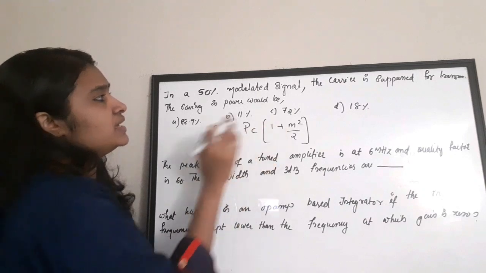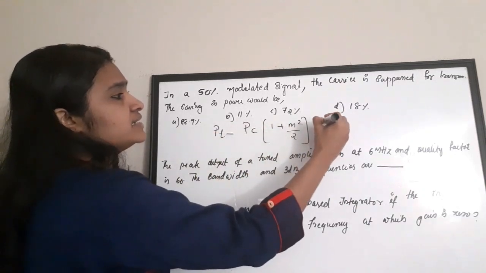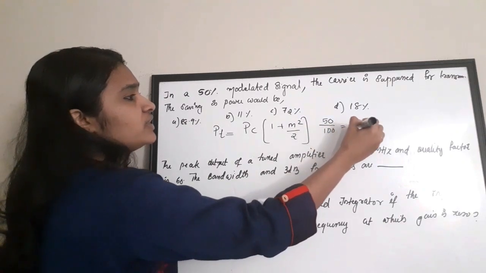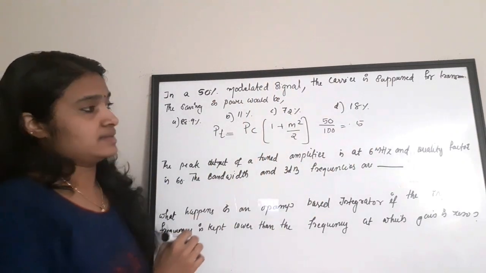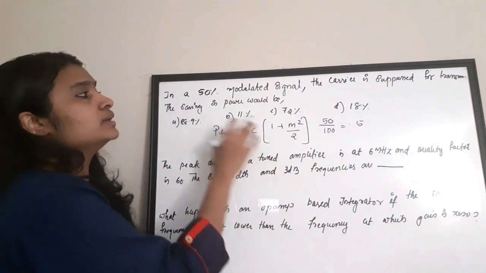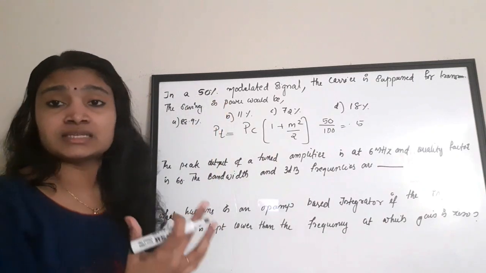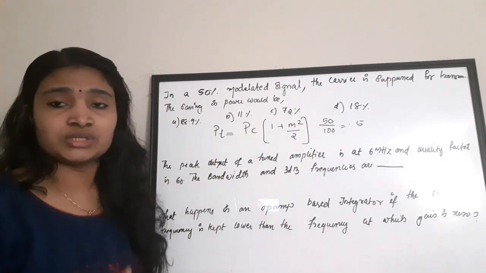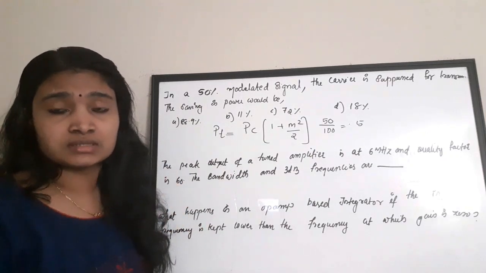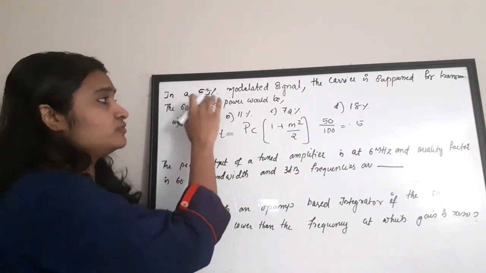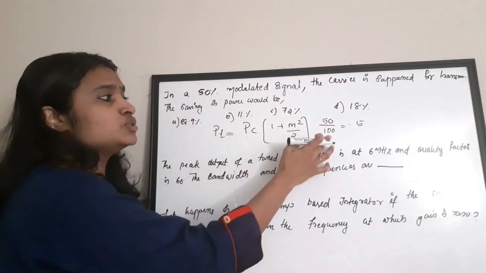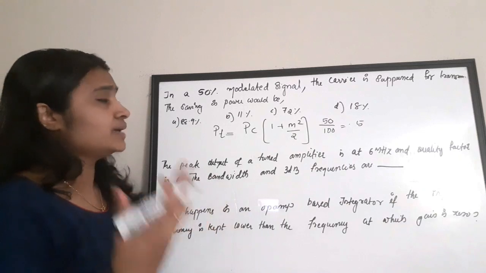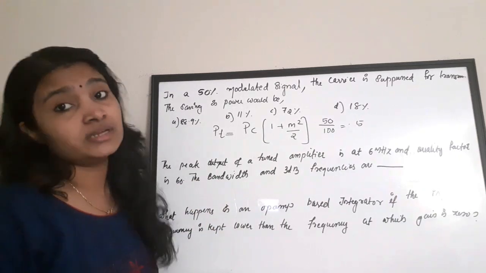So what is m here? It is given that the signal is 50% modulated, meaning 50 by 100, or 0.5, is the modulation index. This is how you need to find the modulation index. If you are given that it is 50% modulation, or the modulation depth is given, you should use this relation: whatever percentage is given, that by 100 will be your modulation index.